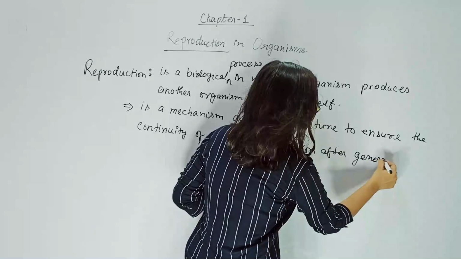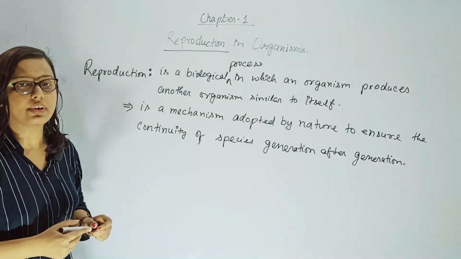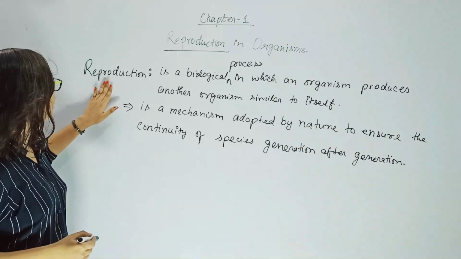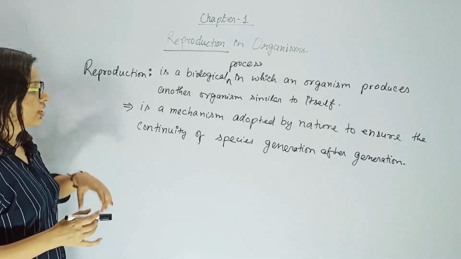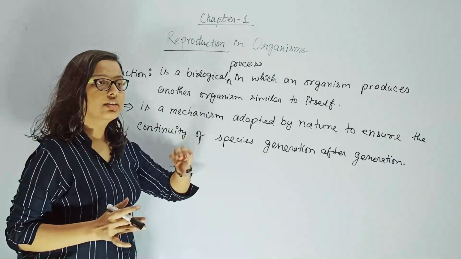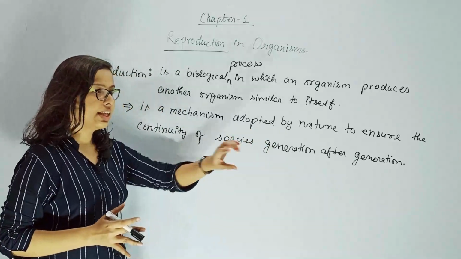From this definition you can understand what is the need for reproduction to happen. Suppose there is a dog which is born because of evolution. There is one single dog.